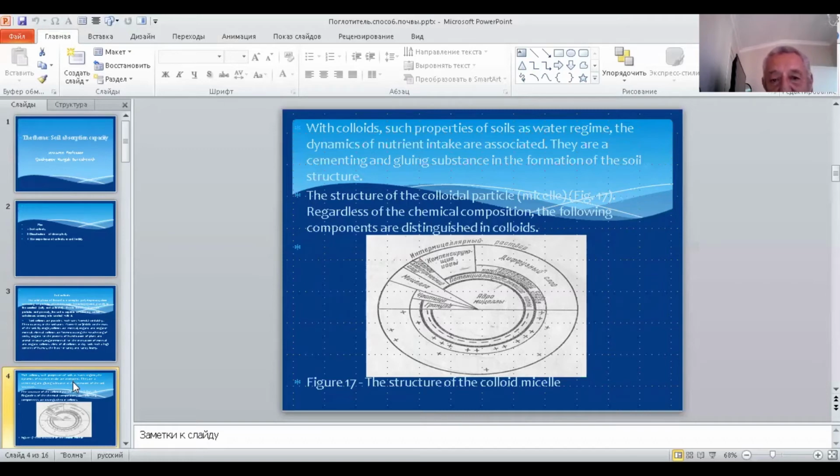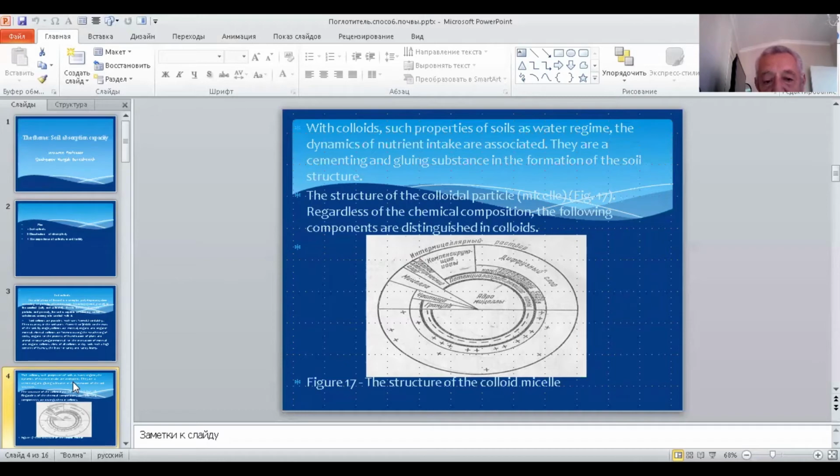The structure of the colloidal particle (micelle, figure 17). Regardless of the chemical composition, the following components are distinguished in colloids.